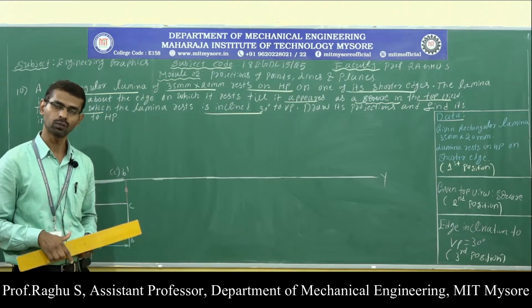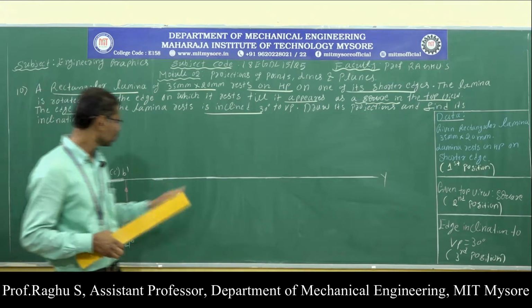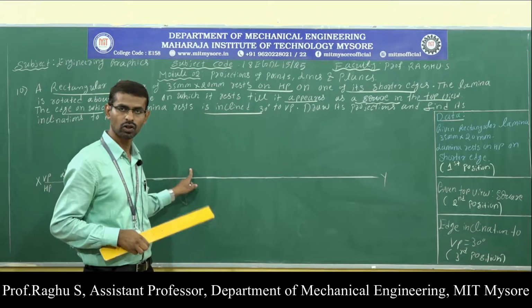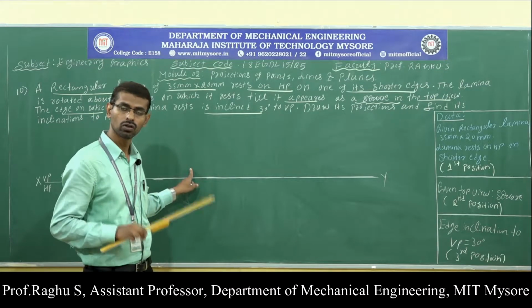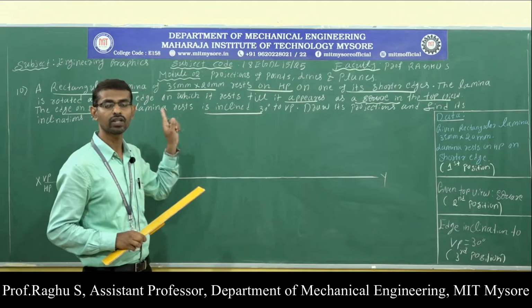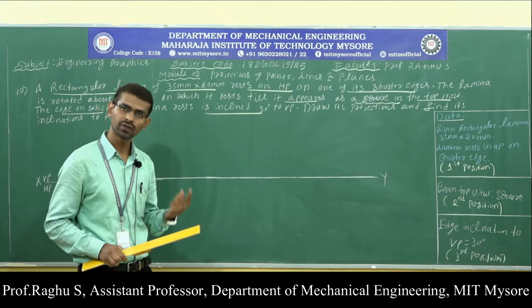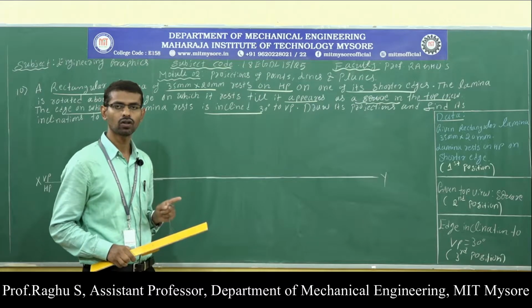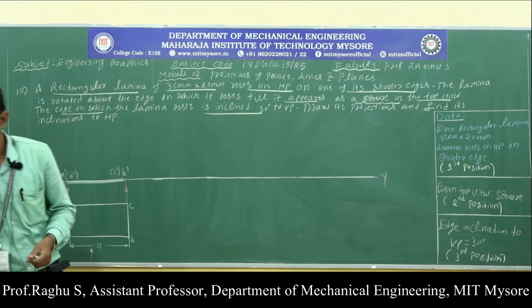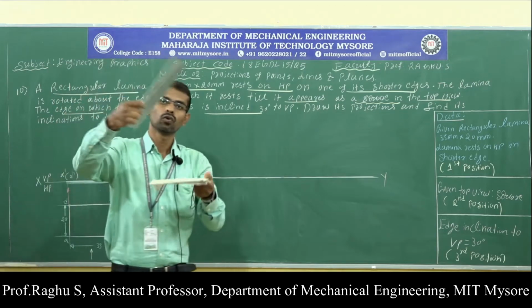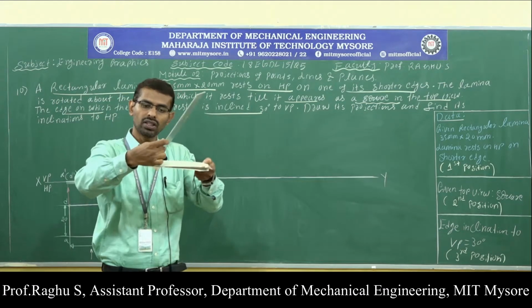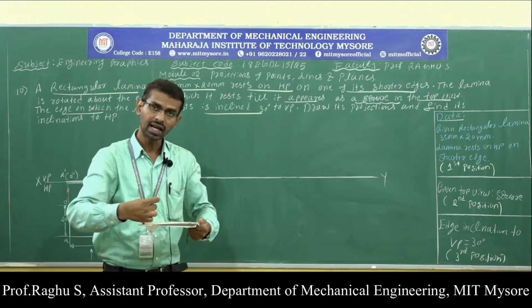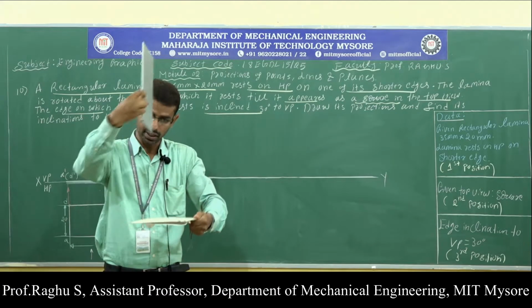Now to draw the second position, usually I need the HP inclination because HP inclinations are visible in the front view. Usually I need the HP inclination, but in this problem the HP inclination is not given. Instead of the HP inclination, the top view is given. The given top view is a square. When you rotate the lamina about the resting side, this rectangular lamina appears as a square in the top view.